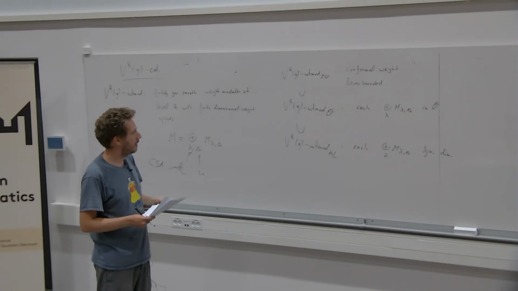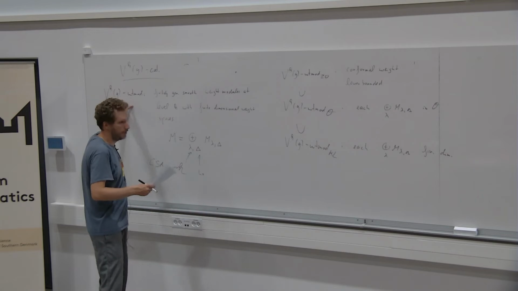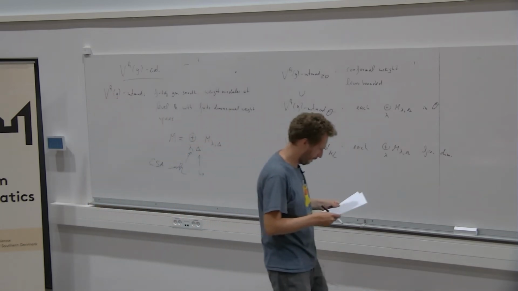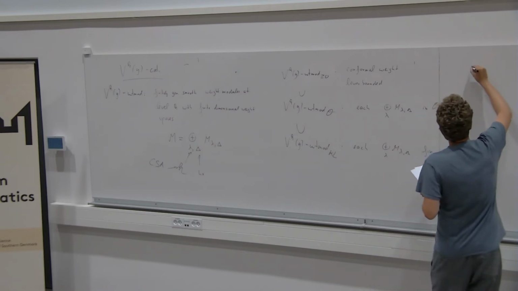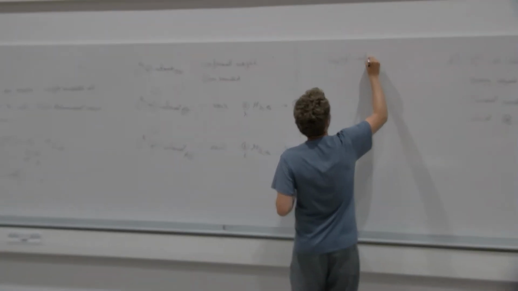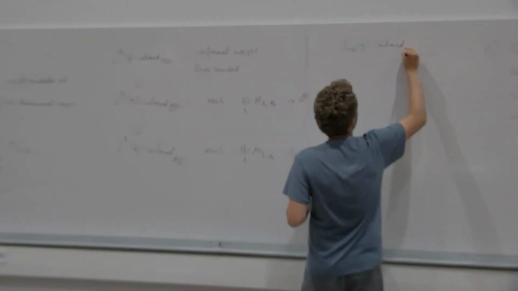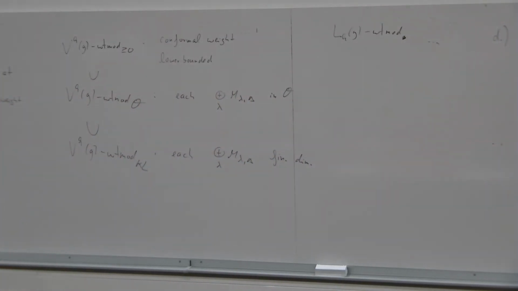This is the category O, so this means the highest weight modules with respect to the action of g. Okay, and now I also introduce the categories L_k(g) with a corresponding label, and these are the corresponding modules of V^k(g) in these four categories.